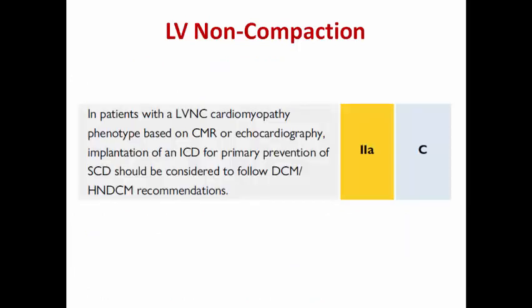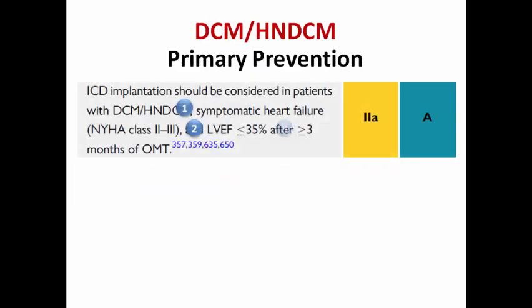That's why the task force recommends that the decision for ICD implantation for primary prevention in those patients should be the same as the dilated or hypokinetic non-dilated cardiomyopathy recommendations. Let's remind ourselves of these recommendations.